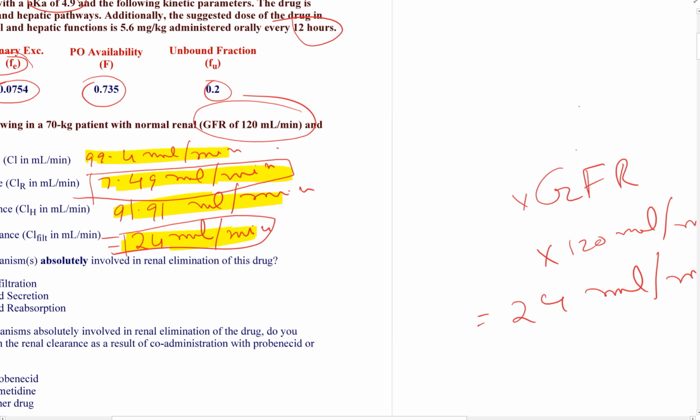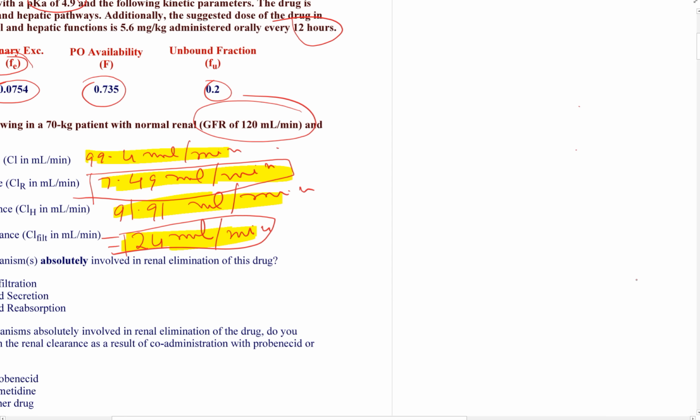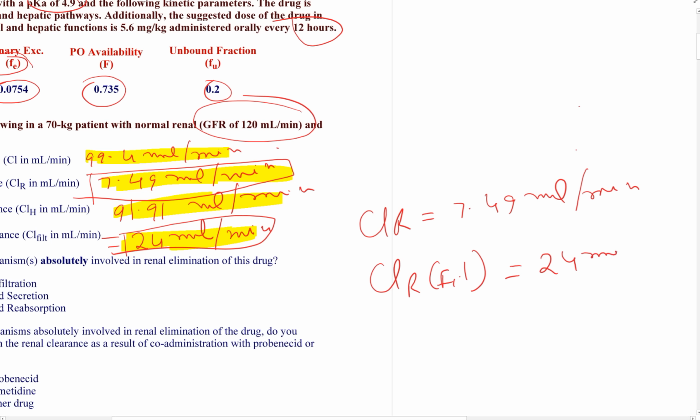You have to do some thinking and read the note first. So our CLR is 7.49 milliliter per minute, and our CLR filtration is 24 milliliter per minute.